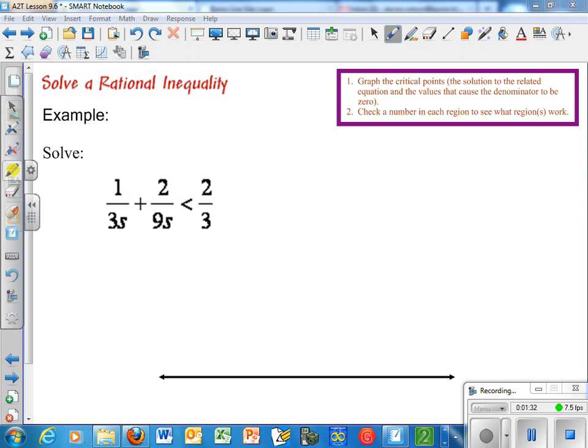As far as what you want to do, we still want to find the LCM of the denominators. What would be the common denominator? And then we're going to multiply by it, just like with rational equations. So if you look here, I don't have any plus or minus signs in the denominators. I've got 3s in one of my denominators, 9s in the middle denominator, and 3. So I want to look at these numbers and find the smallest number that they go into.